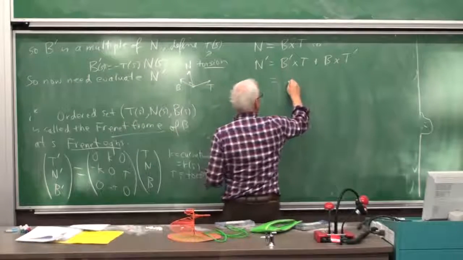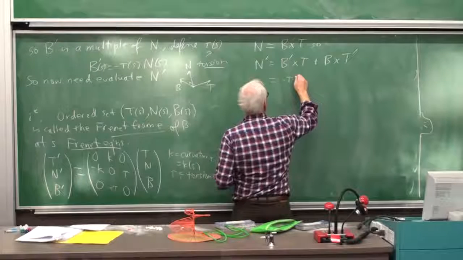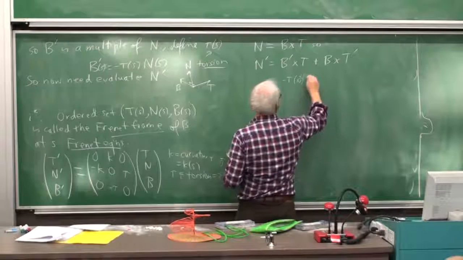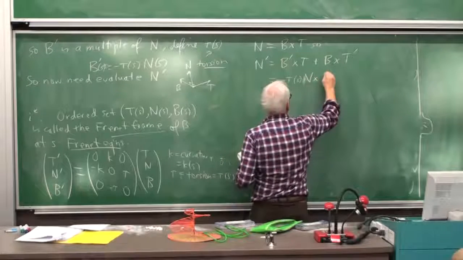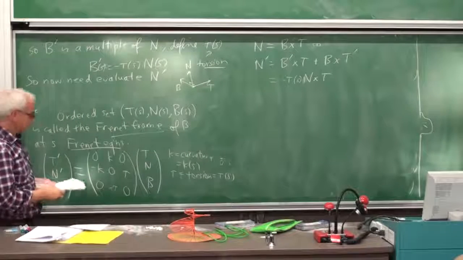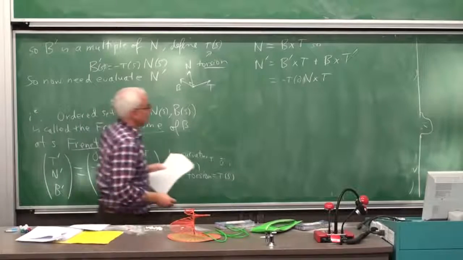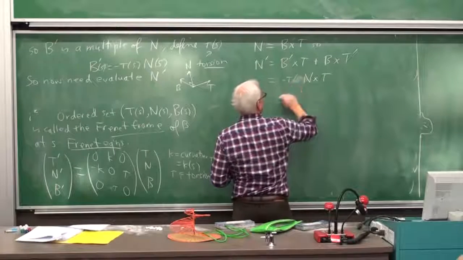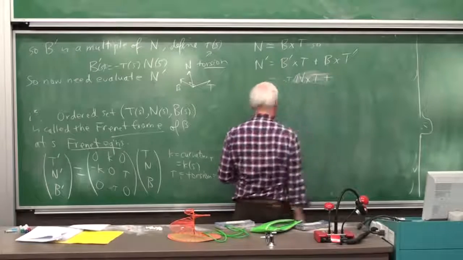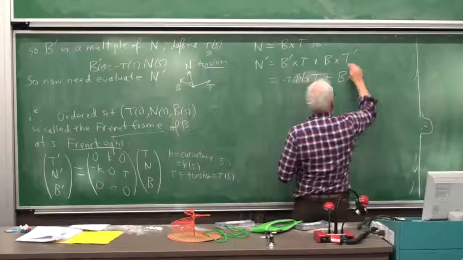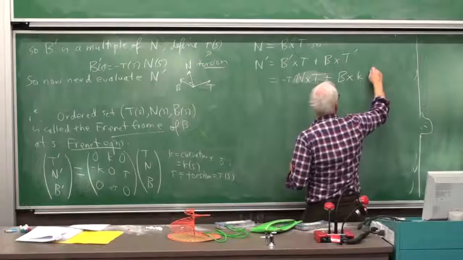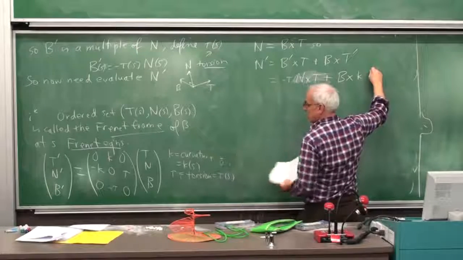We already said that it's minus tau of S times N. So we have minus tau of S times N times T. I don't really need the S because I'm dropping all the S's. So let me just write minus tau of N times T, plus B times the derivative of T, T prime, which we can read from the first one, is K times N.